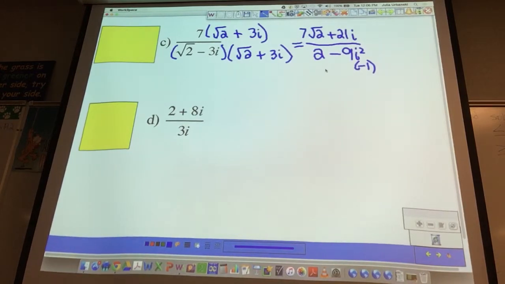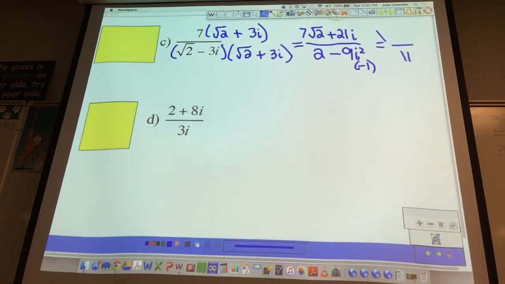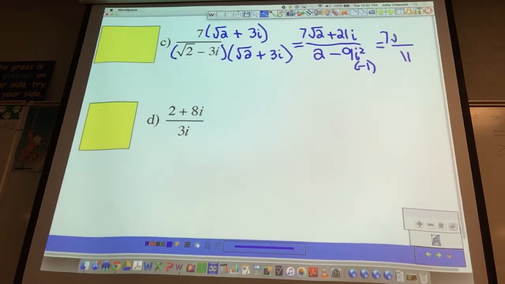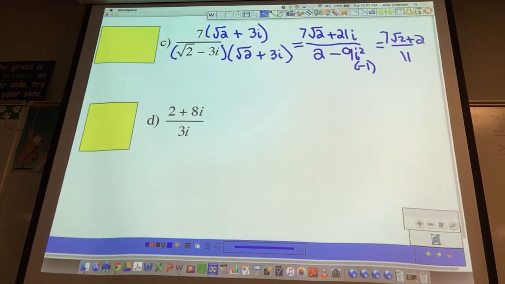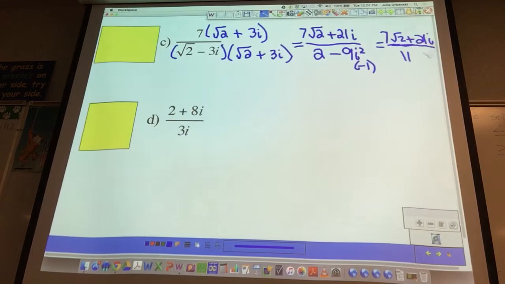So it's really 2 plus 9, right? So we get 11 here, and 7 radical 2 plus 21i. Now you look if anything can cancel. 11 doesn't go into 21 and 7, so that's your final answer. Although I do have the i written last, so it's good.